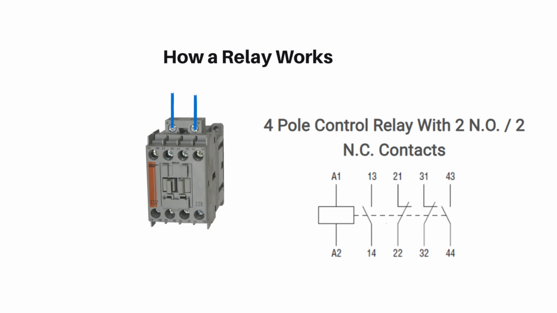One thing you should know is that the coil is supplied by its own supply, usually a DC source, and the contacts 13 and 14 might be on an AC source, maybe a bigger source. So in this case, we have two inputs, one input for the coil and one input for the contacts.